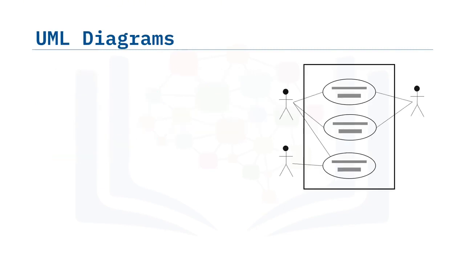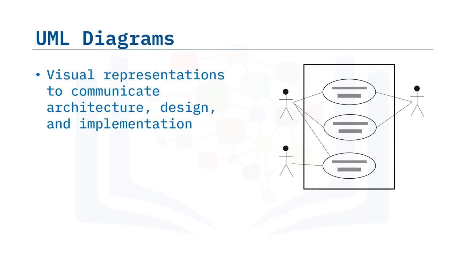When developing a complex software system with interconnected modules, it can be difficult to remember the relationships, behaviors, and hierarchies among different elements. UML, which stands for Unified Modeling Language, is a way to visually represent the architecture, design, and implementation of complex software systems.